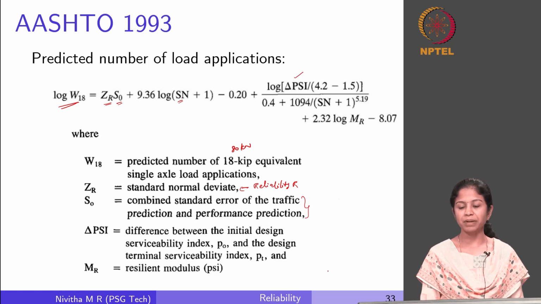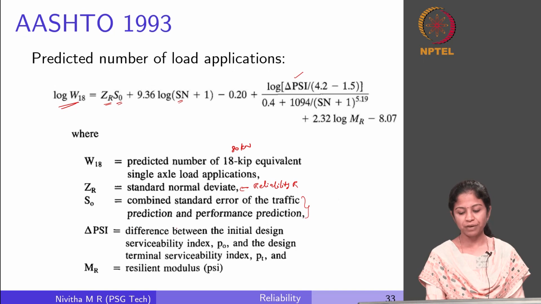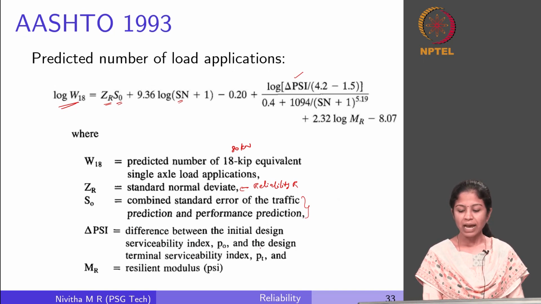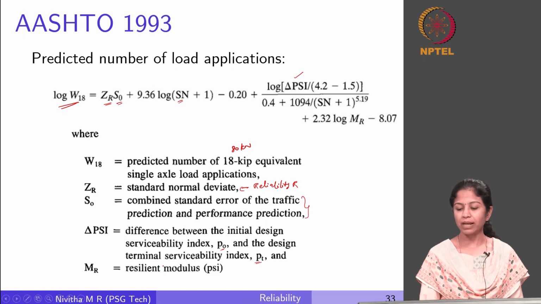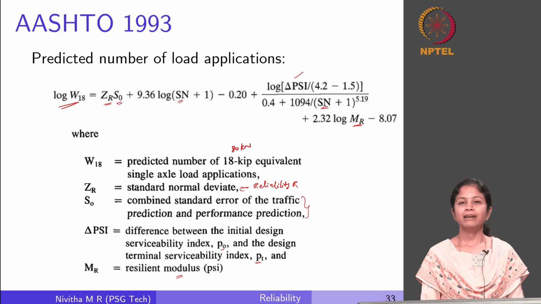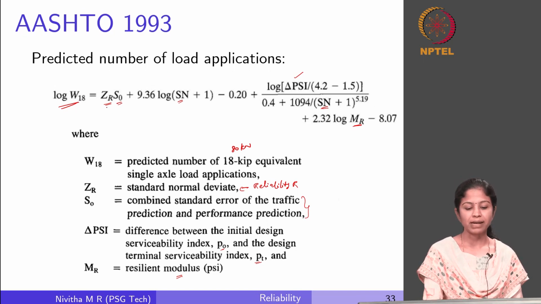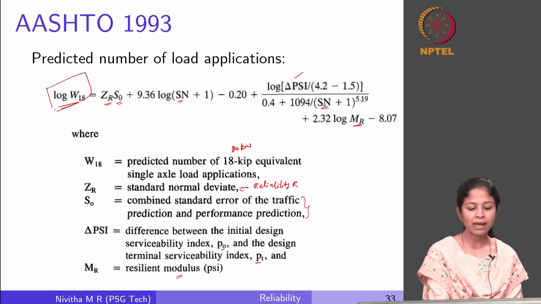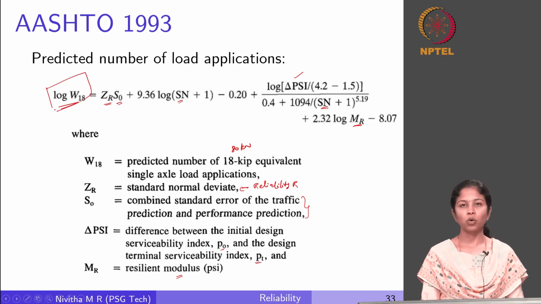We have delta PSI, which is the difference between the initial design serviceability index P0 and the design terminal serviceability index PT, right. So, hold on to all these things for a while. Then we have the structural number and we have MR, which is nothing but the resilient modulus of the granular layer. So, using all these parameters, we are going to calculate the predicted number of load repetitions.